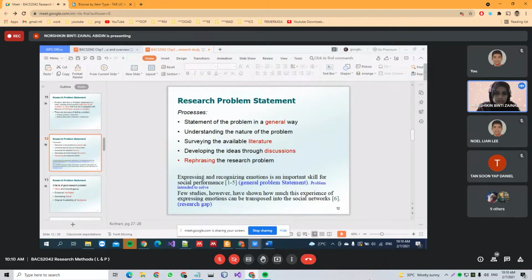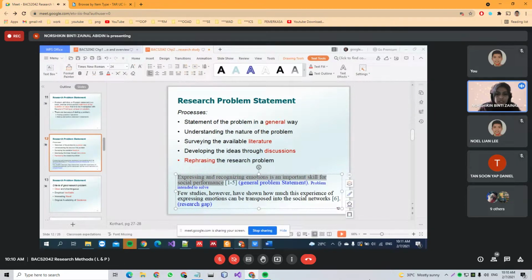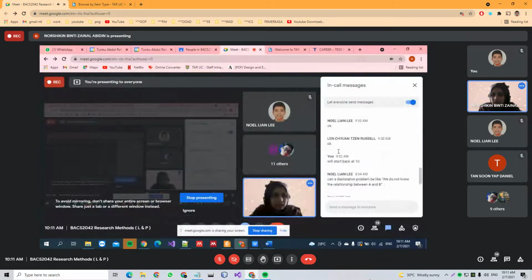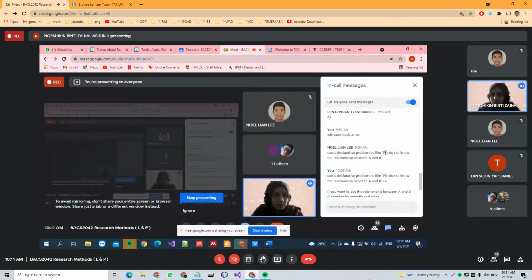For example, here: expressing and recognizing emotion is an important skill for social performance. This is the general problem statement. Like Noel just now, you said, we do not know what the relationship between A and B is. This is general. This can be accepted, but this is still a general step for your problem statement.